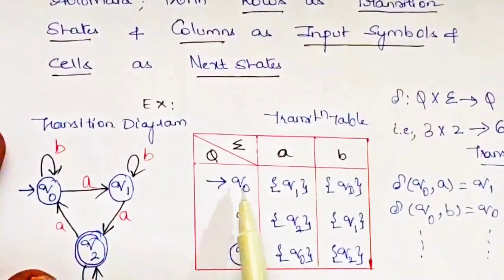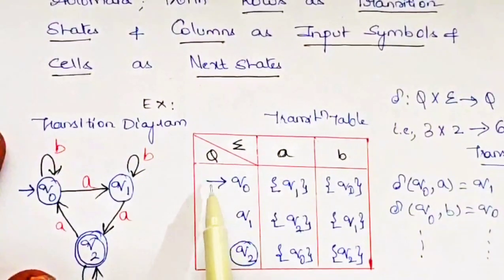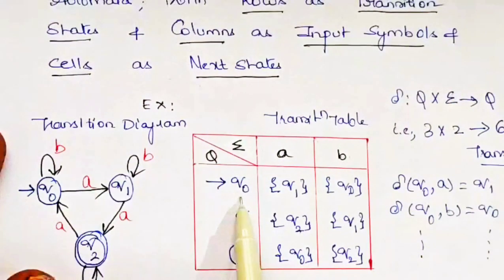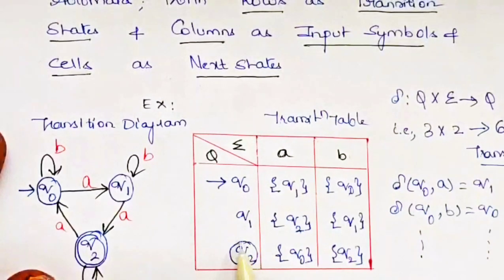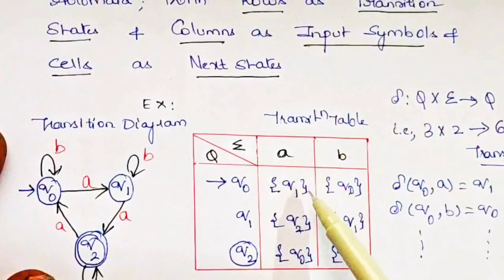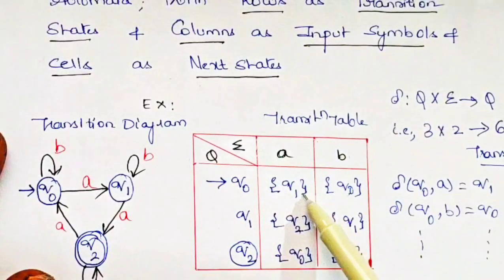Now let us examine the transition table. Here the unlabeled incoming arrow denotes that Q0 is an initial state and Q1 is an intermediate state, and the double circle indicates that Q2 is a final state. Here Q0, the initial state, upon reading an input symbol A is going to the next state Q1.